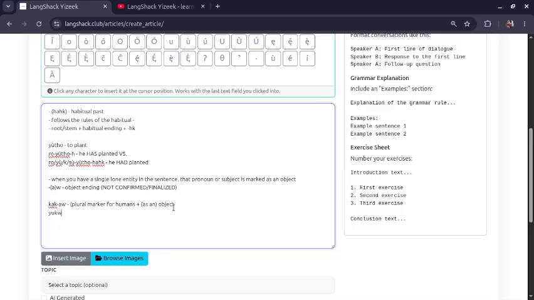So this might actually be you plus wa, which would be the first person marker for we, plus an as an object. Okay, so those are just a couple of examples that I have right off the bat.